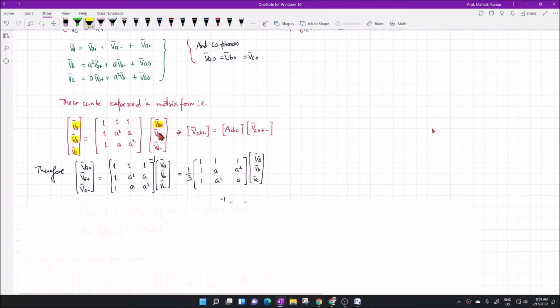By taking the inverse of this matrix, we can also express Va0, Va plus, Va minus in terms of Va, Vb and Vc, and that comes out to be 1 by 3 times 1 1 1, 1 a a square, and 1 a square a.